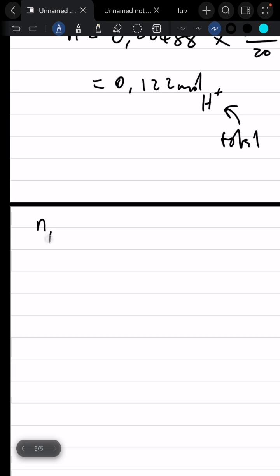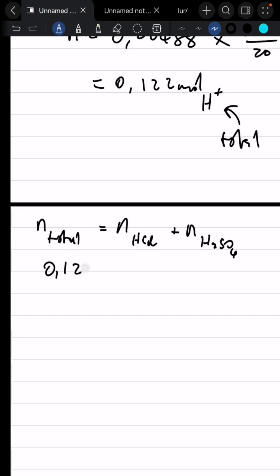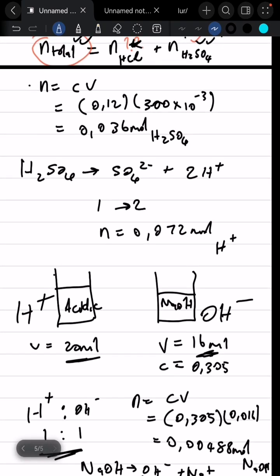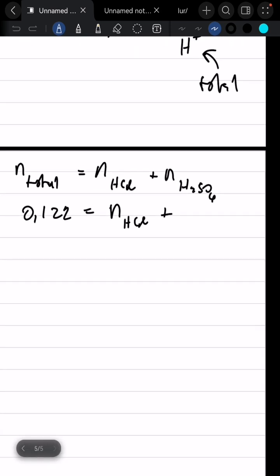The total number of moles will be the number of moles of hydronium ions from HCl plus the number of moles of hydronium ions from H2SO4. The total is 0.122, which equals what comes from HCl, which I want, plus what comes from sulfuric acid, which we calculated first: 0.072.